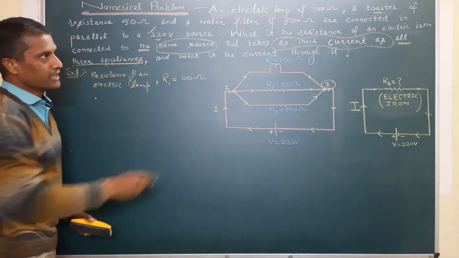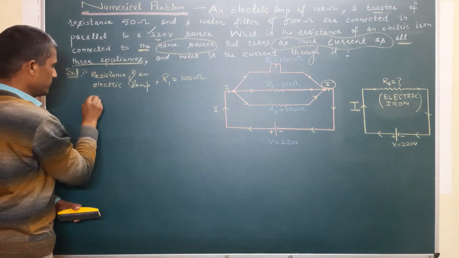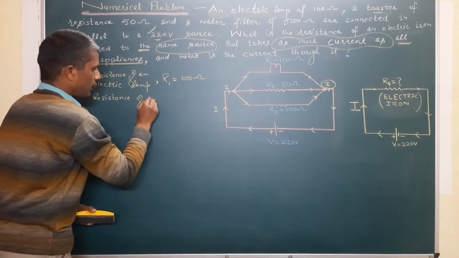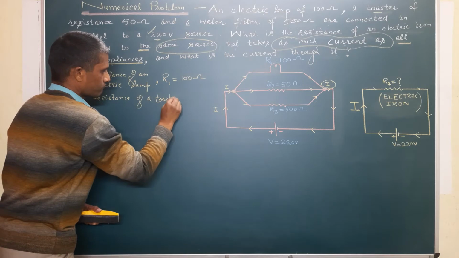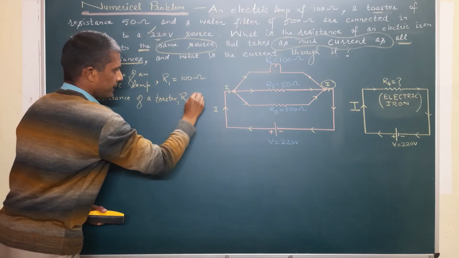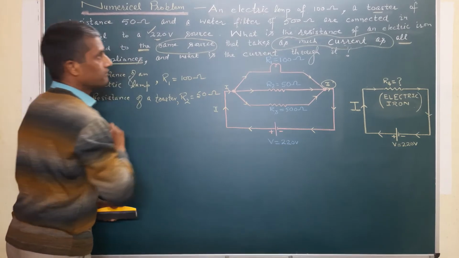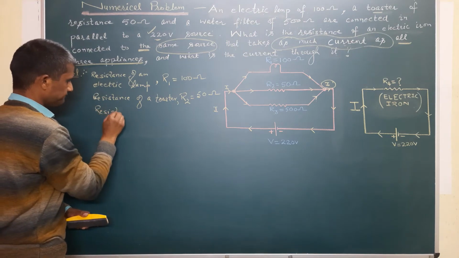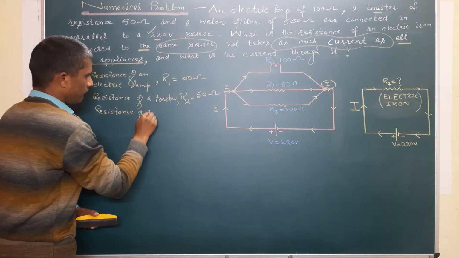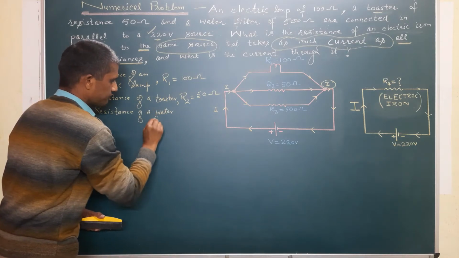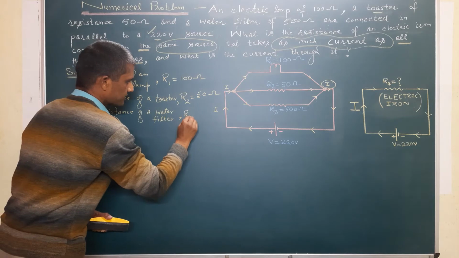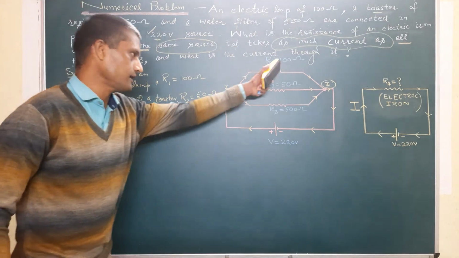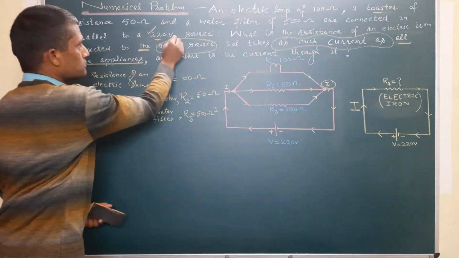A toaster of resistance 50 ohm, it is R2 and it is 50 ohm, and a water filter of 500 ohm resistance, it is R3 and it is 500 ohm, are connected in parallel to a 220 volt source.